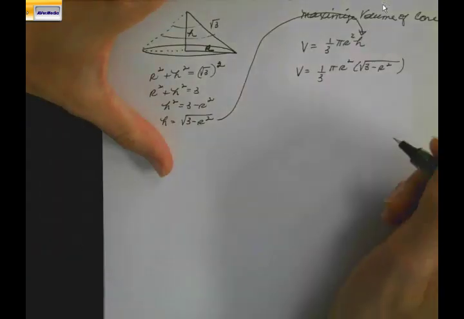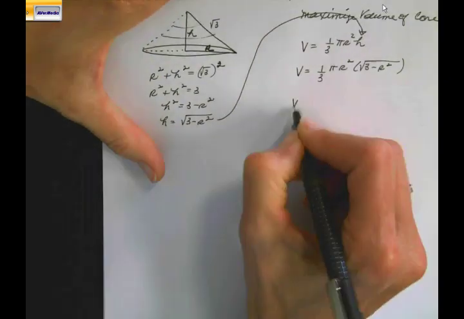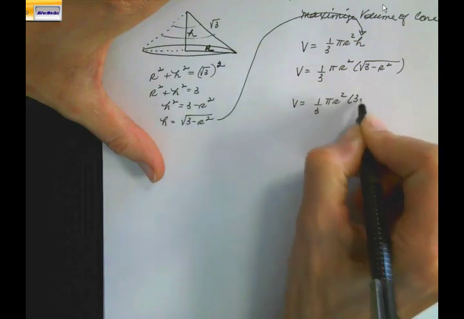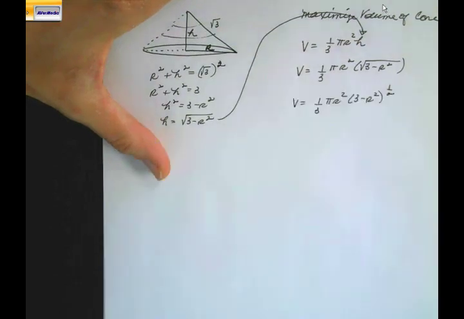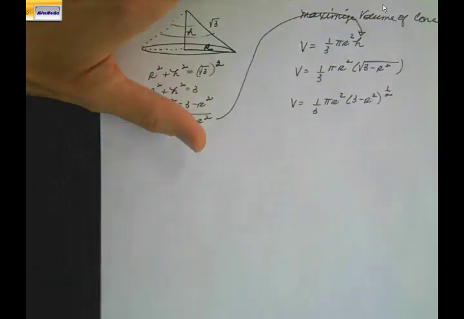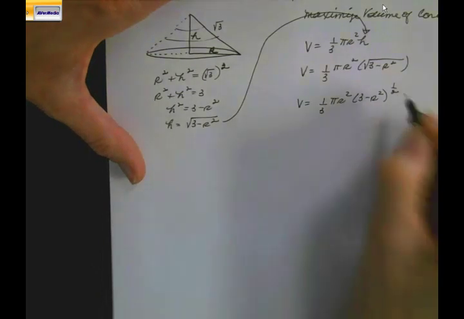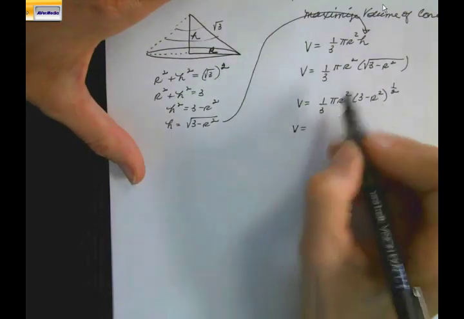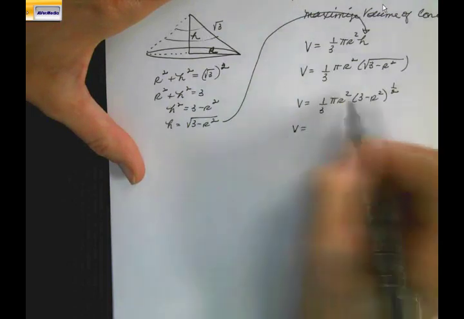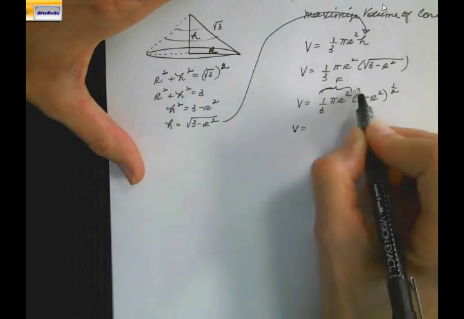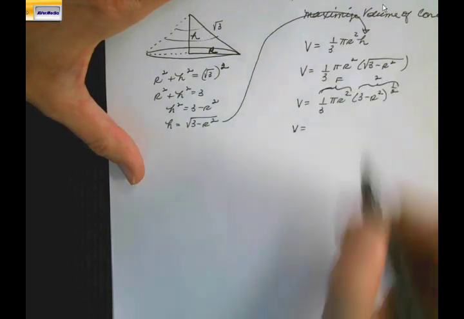Oh boy. Okay, so we've got to take the first derivative of this thing, 1/3 pi r squared times 3 minus r squared to the 1/2 power. This was ugly. Okay, so here we go. The volume is a product, so I let this be my first and this be my second piece.